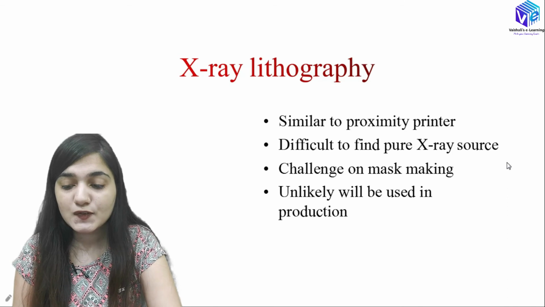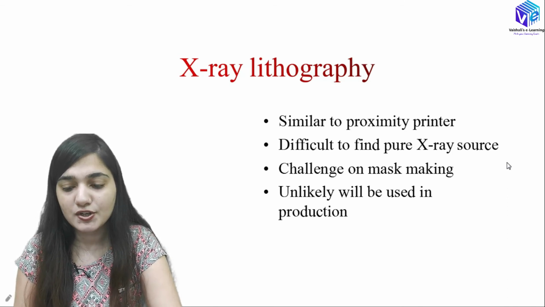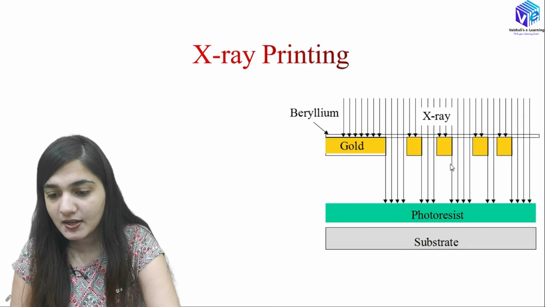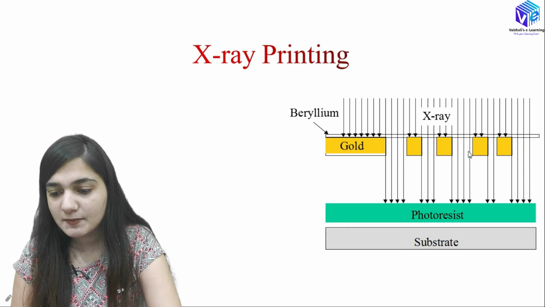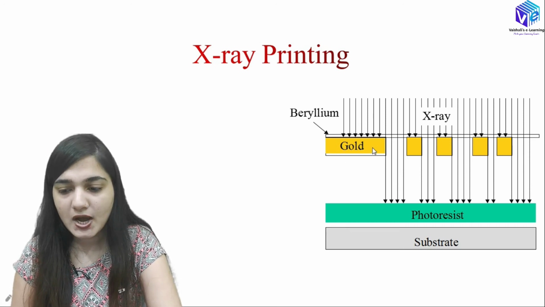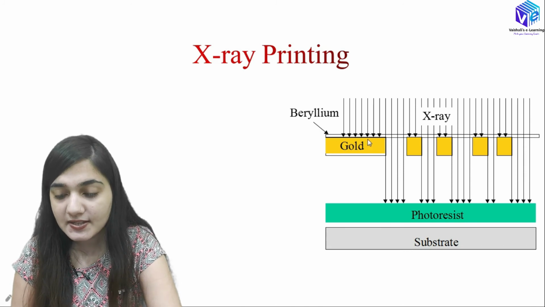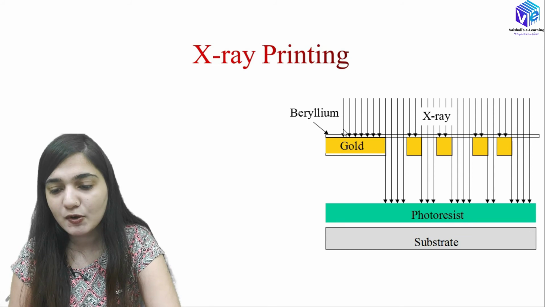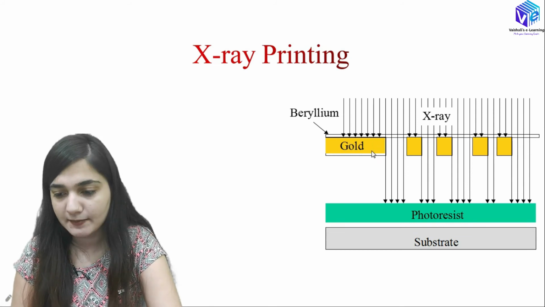There are even challenges in mask making, and it is unlikely that this technology will be used in actual industrial production. So you can see it here. Here we have the proximity printer, with the beryllium and the gold coating, which are stopping these X-rays from reaching the photoresist. This also makes this process costly because gold is a costly element.